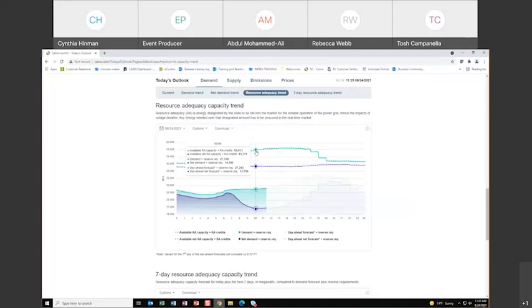I believe it includes only the RA resources, RA wind and solar resources, their forecasted amount. Okay, that makes sense. Just wanted to confirm on that. I think that answers my questions. Appreciate the clarification. Thank you.